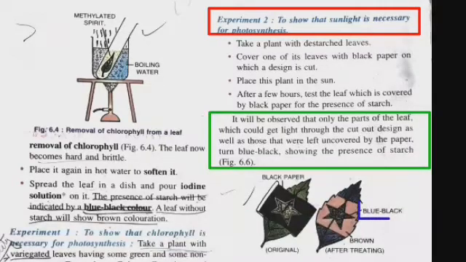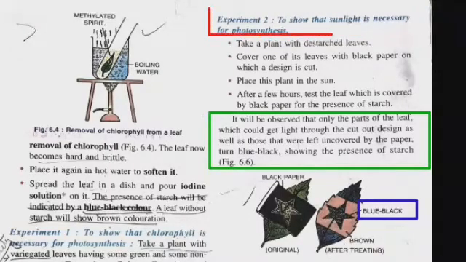Why? Because photosynthesis has taken place when exposed to sunlight. So what will be the conclusion? What will this experiment prove? It will prove that sunlight is necessary for photosynthesis.